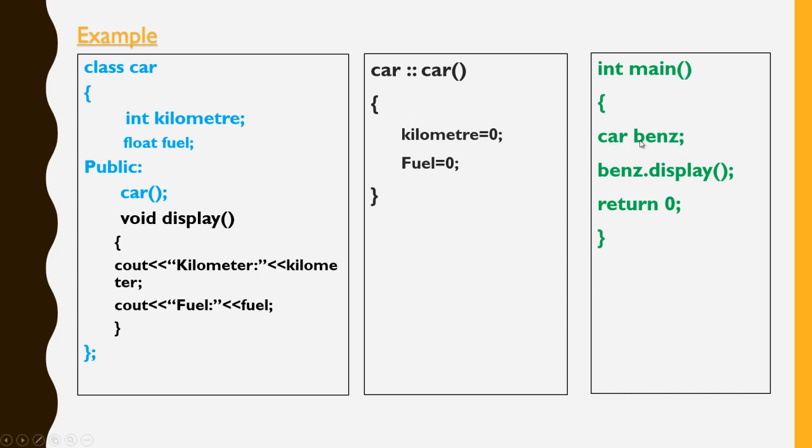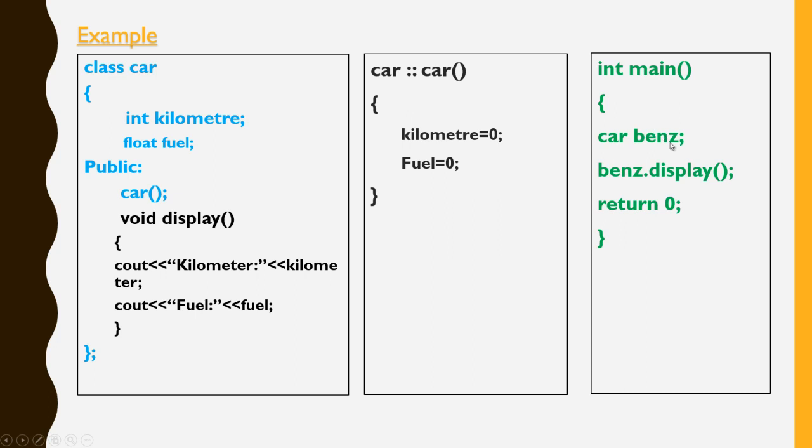So when I have created this object Benz, this constructor is automatically invoked and the values of kilometer as well as fuel become 0. They got initialized with the value 0.